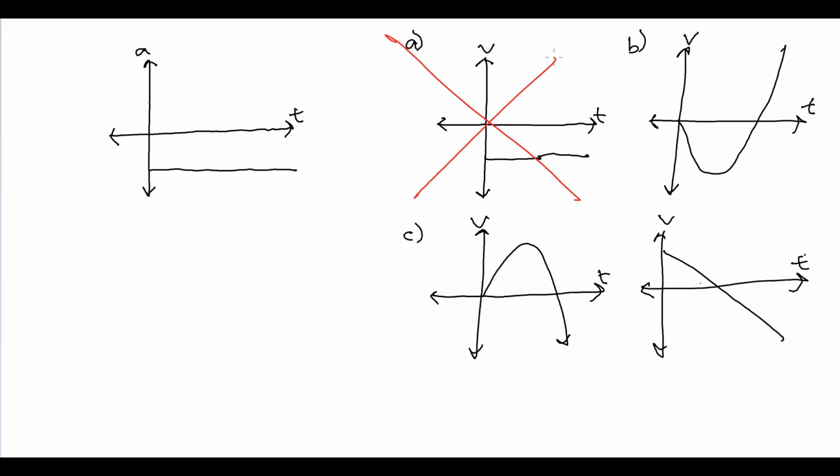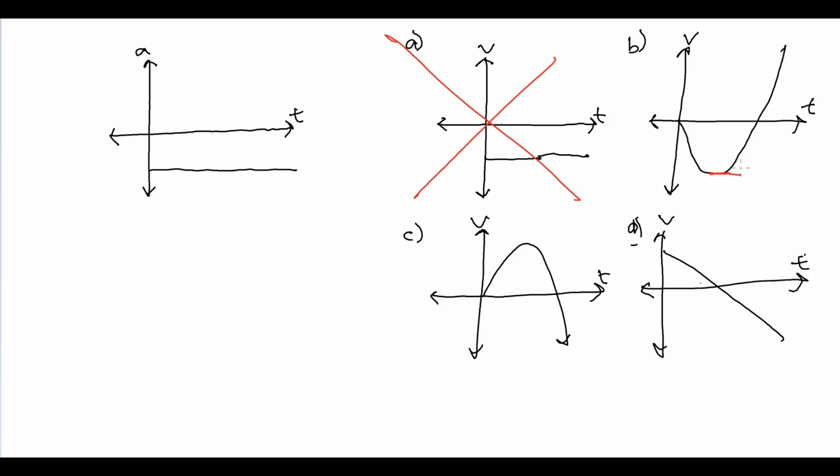Choice B. We see this weird curve, this quadratic equation looking graph. Well, that is not right, and here's why. Over here, velocity is constant, so acceleration must be 0.